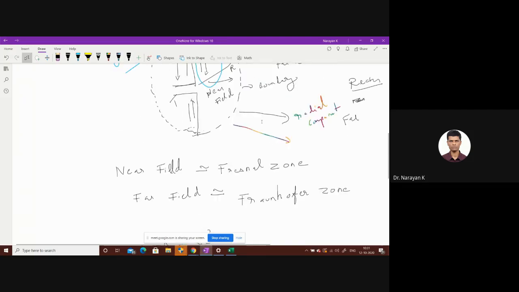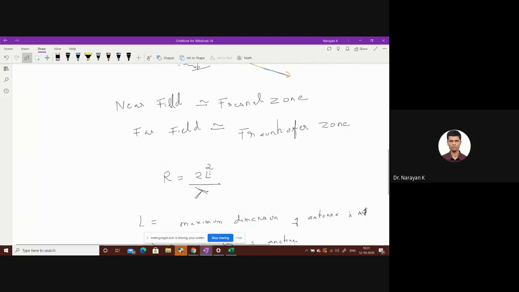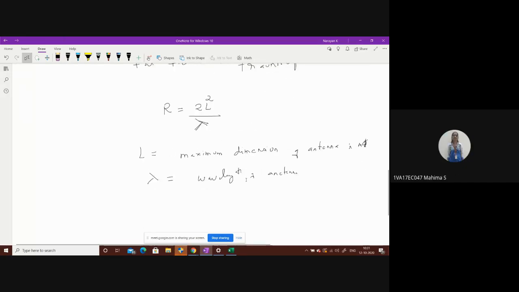So this R is determined by the length of the antenna. Larger the length, larger will be your distance R. You got my point, all of you? Yes, sir. Okay.